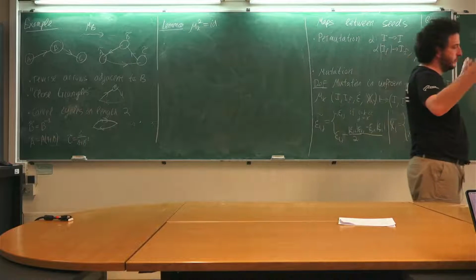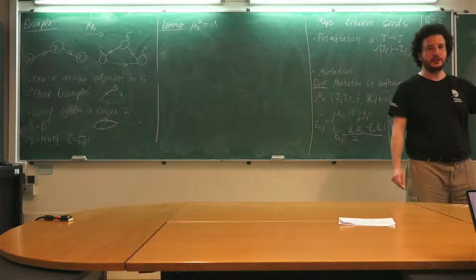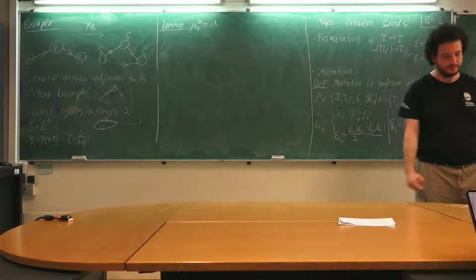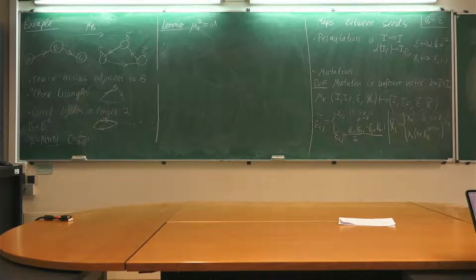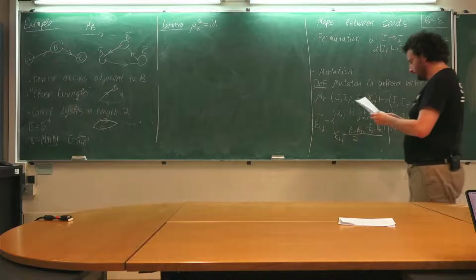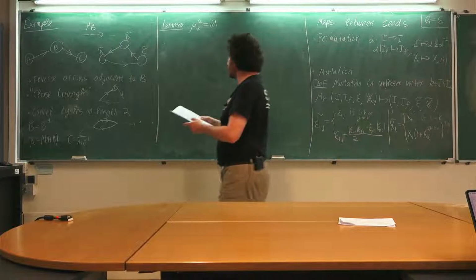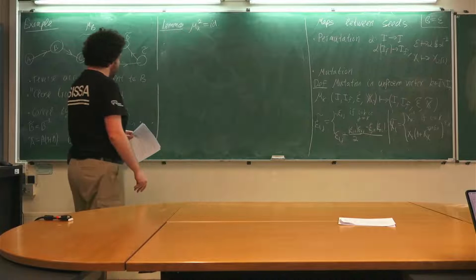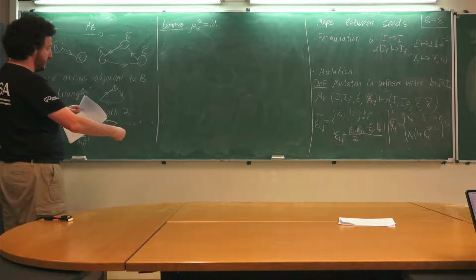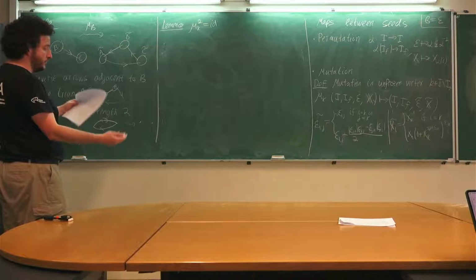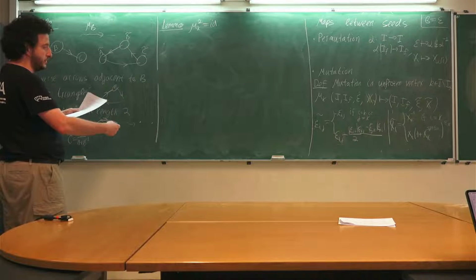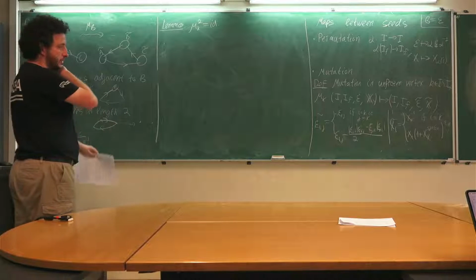So one can think about this as some version of reflection, just a version. Another thing, from the point of view of integrable systems, at least classical, we have to think about Poisson structures.